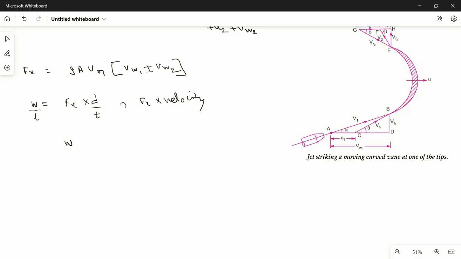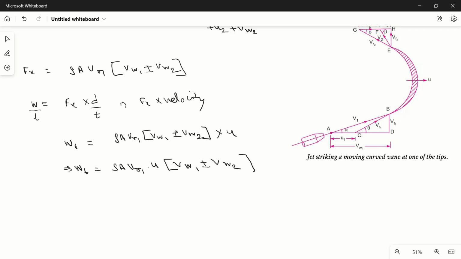So work done per unit time is equal to rho a VR1 into VW1 plus or minus VW2, into what is the velocity in the direction of force, which is equal to U. So work done per unit time is equal to rho a VR1 into U into VW1 plus or minus VW2. So this is the work done on this vane by this jet.